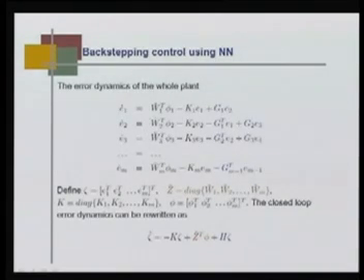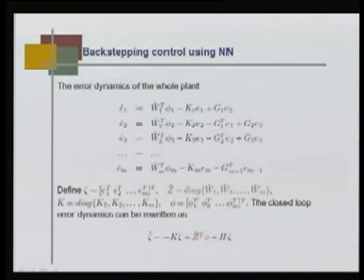So, I now represent the error dynamics that we have already shown. e1 dot is f1 hat minus k1 e1 plus g1 e2, and e2 dot, the derivative of the second error, is again f2 hat minus k2 e2 minus g1 transpose e1 plus g2 e3, and so on. This is my error dynamics.